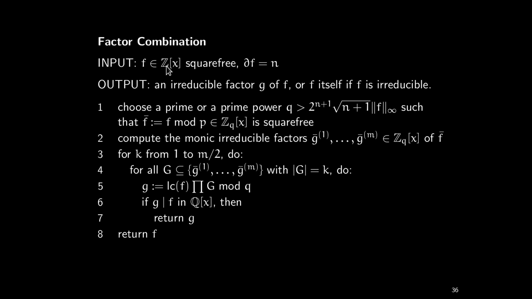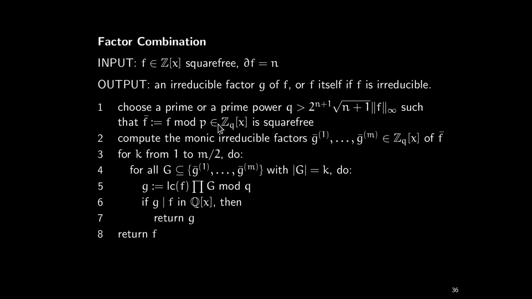That's an important detail, because otherwise you would have to factor also the leading coefficient, and that would be an integer factorization, which we don't know how to do. So we assume we are given a polynomial with integer coefficients, but we understand it as a polynomial over the rationals. n is the degree, and the output is either an irreducible factor of f, or we return f itself if it's irreducible.